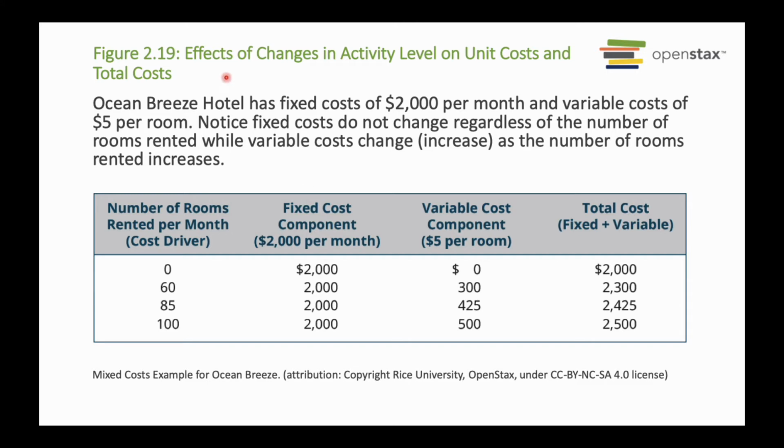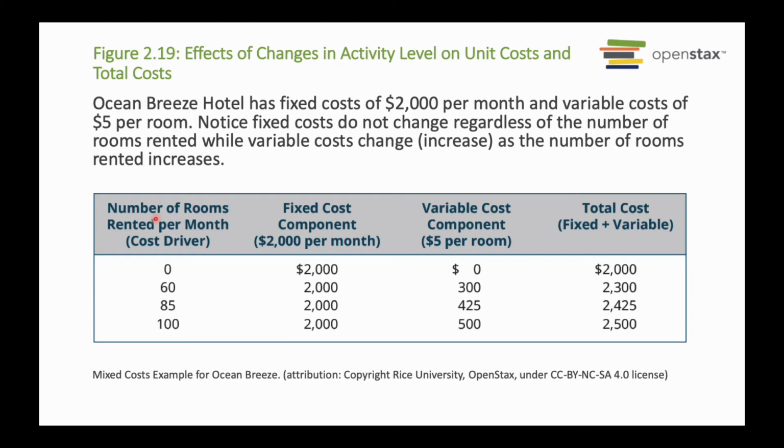Let us consider the following example, which demonstrates the effect of changes in activity level on unit costs and total costs. Ocean Breeze Hotel has fixed costs of 2,000 Rand per month and variable costs of 5 Rand per room.